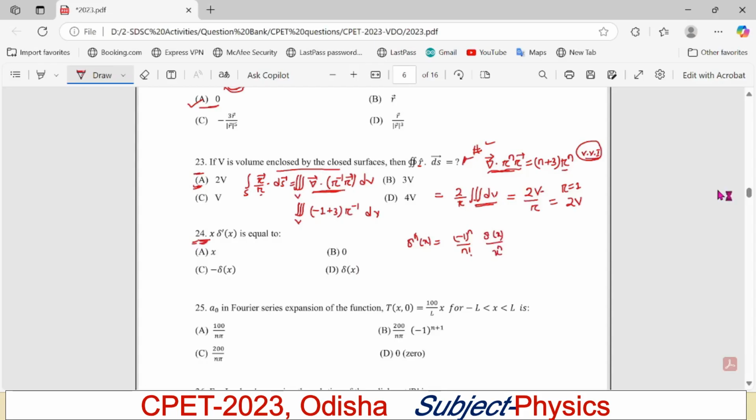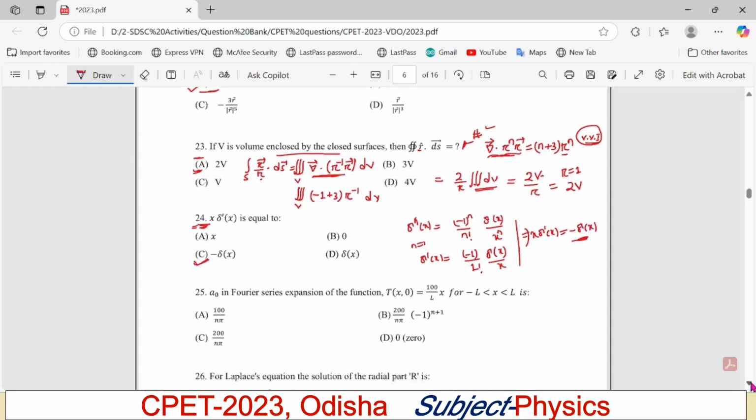So here if I consider n equal to 1, then delta dash x will be equal to (-1)^1, minus 1 factorial, delta x by x. That implies, taking x to this side, x delta dash x will be equal to minus delta x. So the answer is your C.